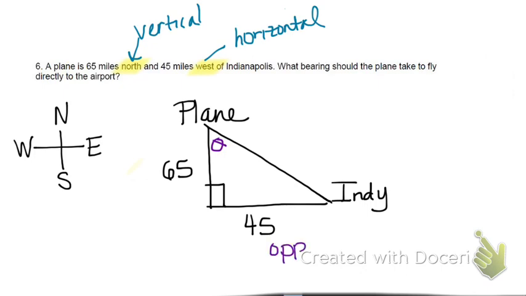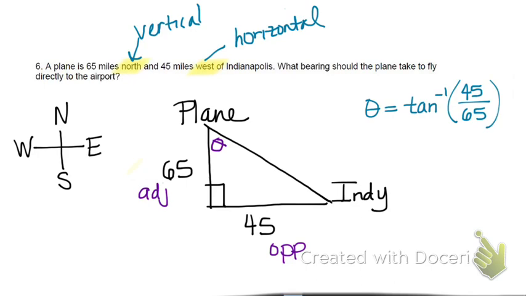So 45 is opposite, 65 is adjacent. So theta equals the inverse tangent of opposite over adjacent. Type that in your calculators.